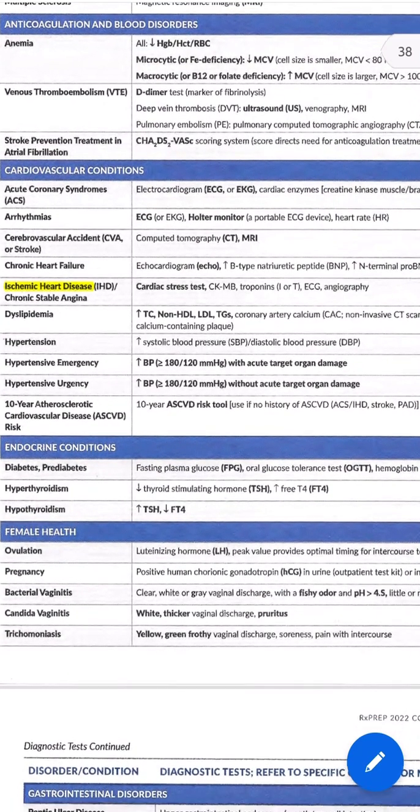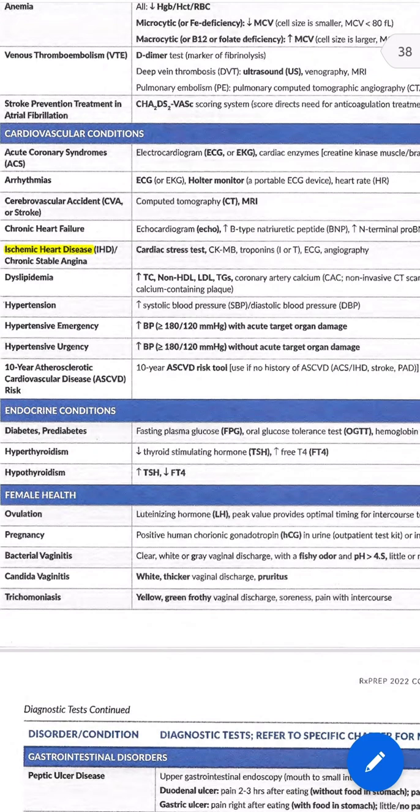Hypertension, that is easy. Hypertensive emergency: you look at blood pressure over 180 or 120 with acute target organ damage.